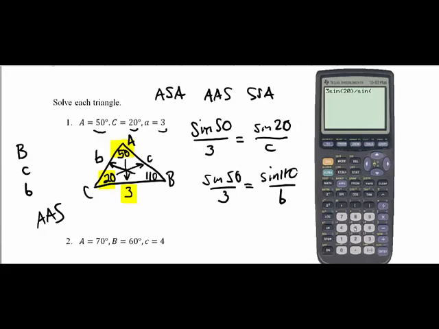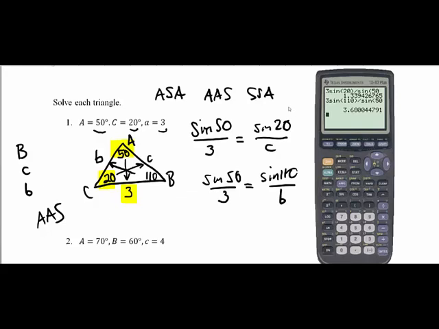And this should give us our smallest side, side c, which is 1.34 hundredths. So I hit second enter, and I go back up to replace the 20 with 110 degrees, so we're at 3 times sine of 110 degrees divided by sine of 50, which gives us 3.68.